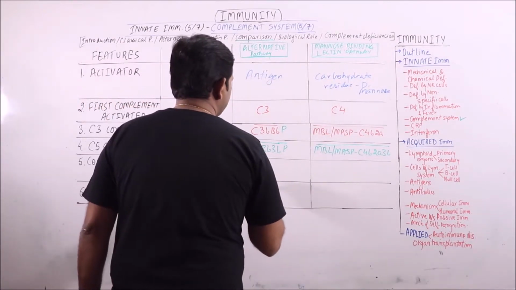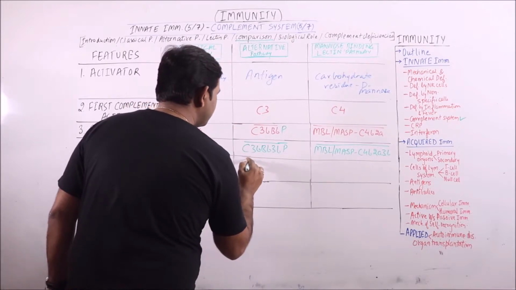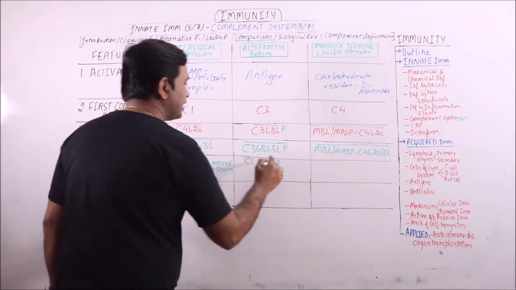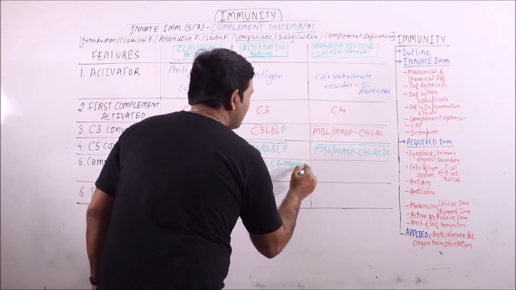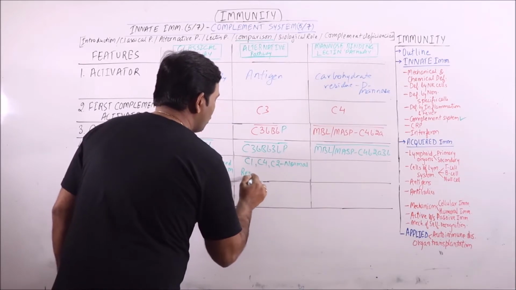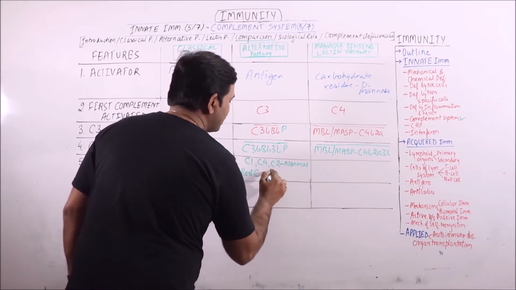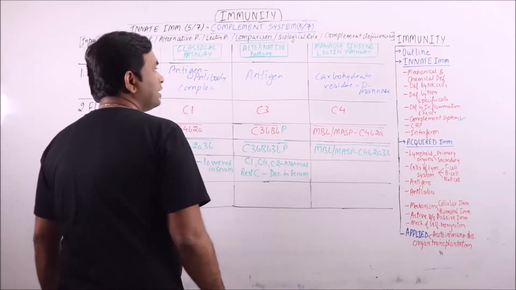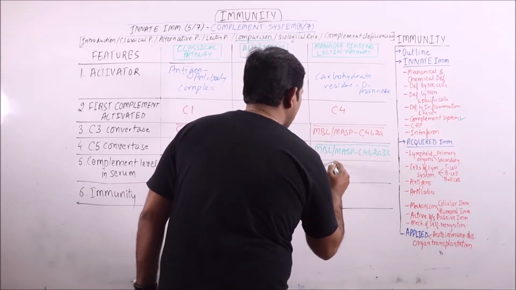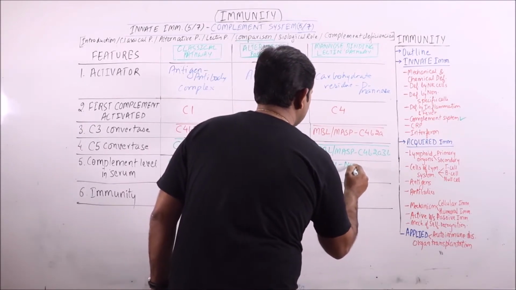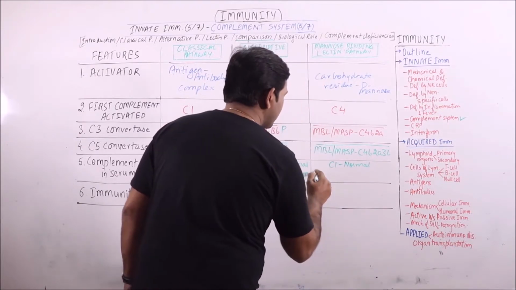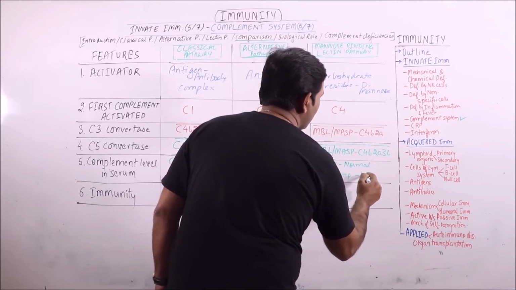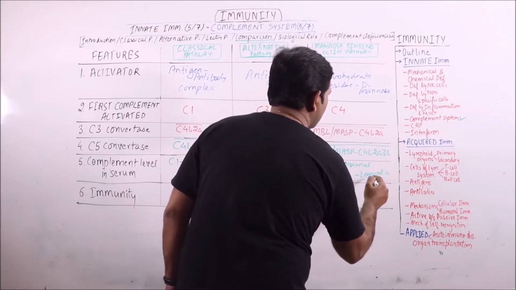In the alternative pathway, as C1, C4 and C2 are not utilized, these will remain normal, while the rest of the complements are decreased in serum. In the mannose binding lectin pathway, only C1 remains normal because it is not consumed, while the rest of the complement proteins are lowered in serum.